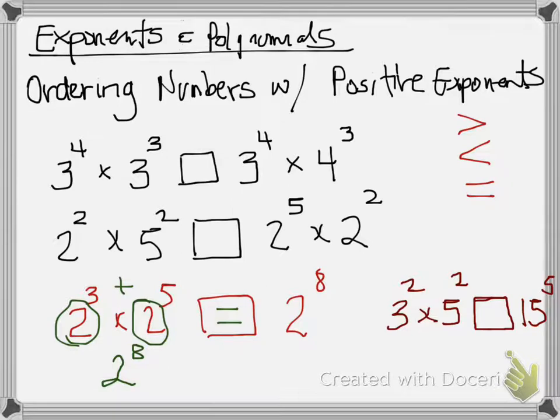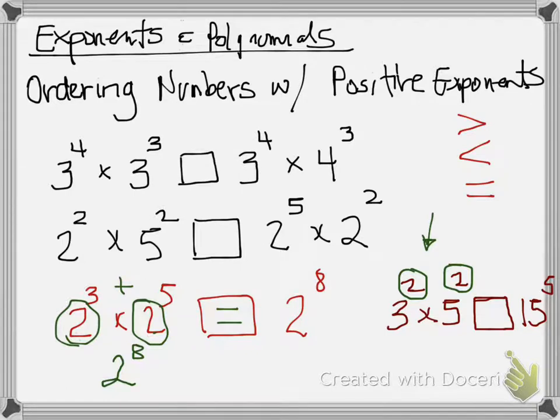Okay, so if you noticed on the first problem that I did, the bases were the same. See, the 2's were the same. But come over here and look at this one, and you should notice that the bases aren't the same, but what's the same on this one? The exponents.